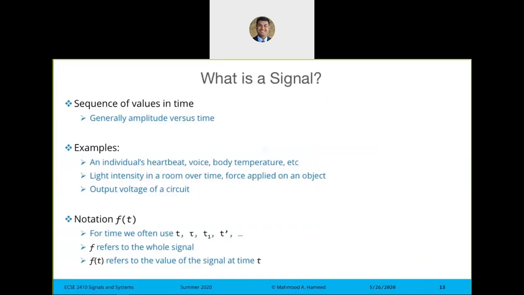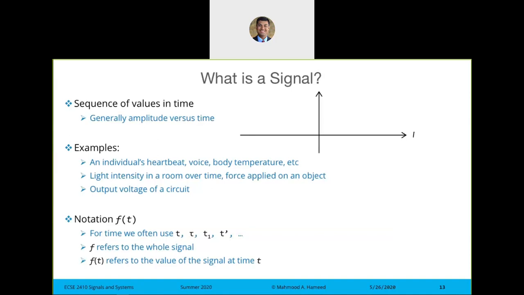Now, what's a signal? It is essentially a sequence of values in time. So if I were to plot a signal, I would first start with an x-axis and a y-axis. Then I would say, what is on my x-axis?